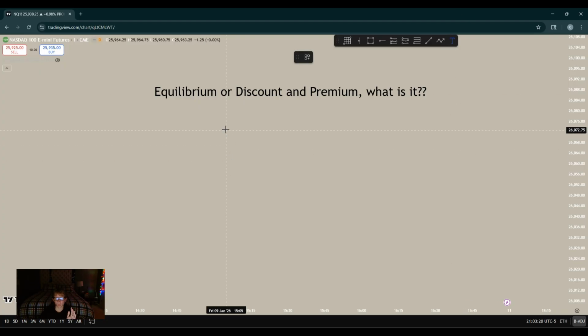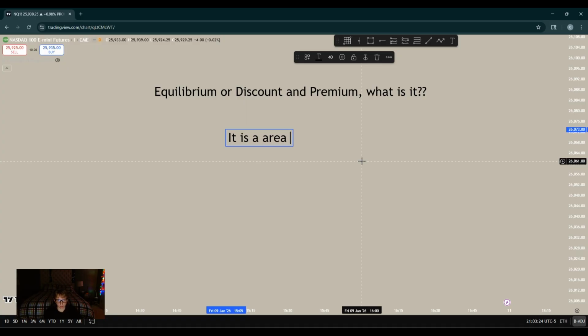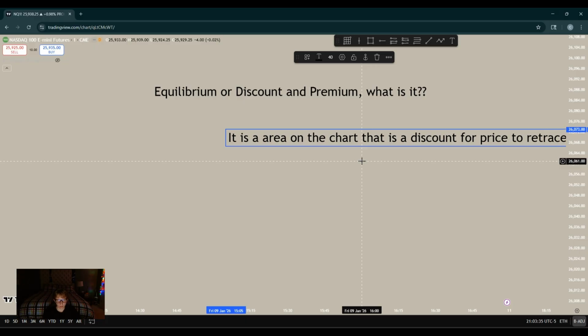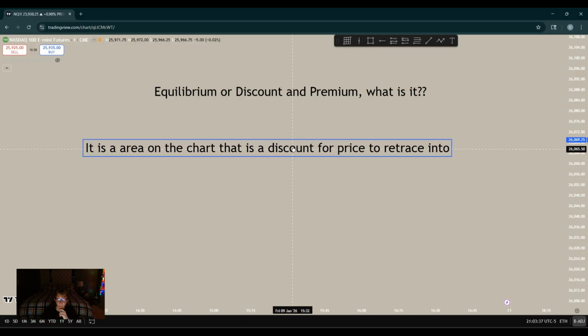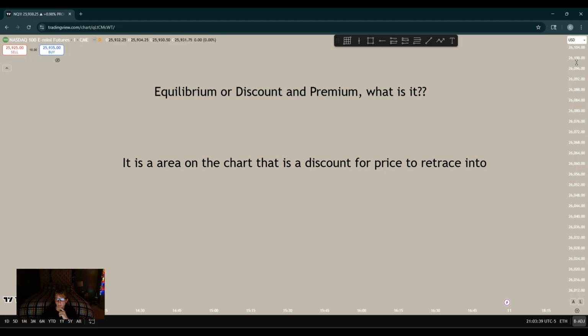What is it? It is an area on the chart that is a discount for price to retrace into. Why is this important?